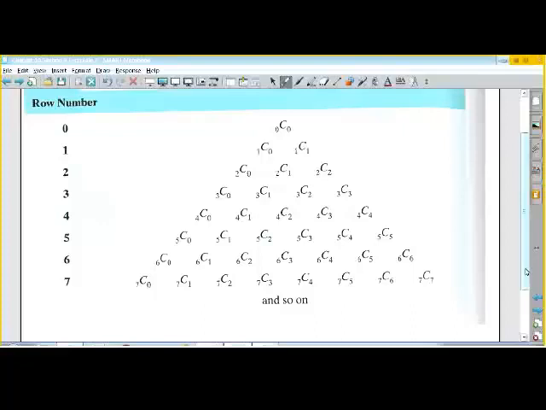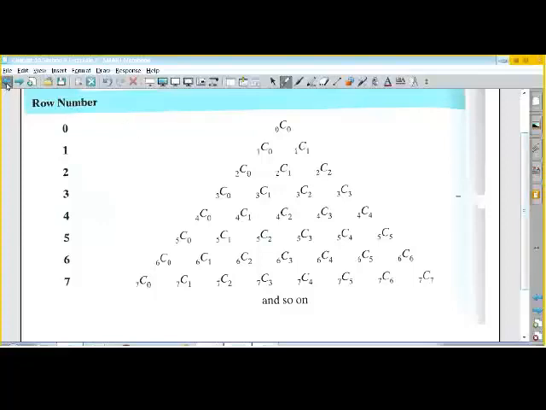So if you had Pascal's triangle written down, you should be able to find out what the combination values are for different values of n and r without having to use your calculator. So for example, if I wanted to know how many combinations or how many subsets I can have if I take 7 things 3 at a time, that's going to be the 7th row and the 4th number.